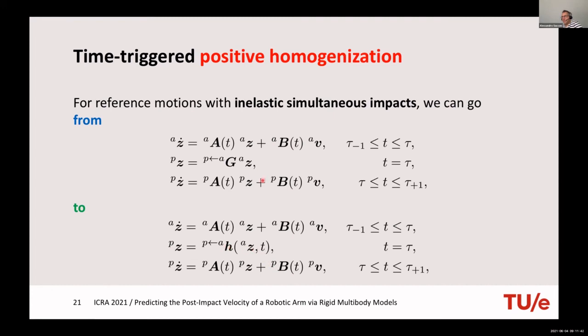So linearity has this property that you can sum two things up because the sign of the scalar doesn't matter. Positive homogeneous is not enough. It has some property of linearity, but it's not fully linear. But still, it's a first order approximation of the dynamics. I understand that this can be a bit overwhelming if you never saw this, but the message here is that we can do a local analysis also with inelastic simultaneous impacts.